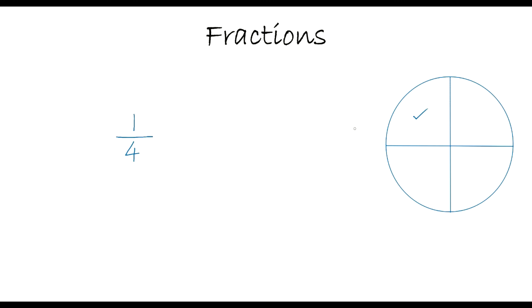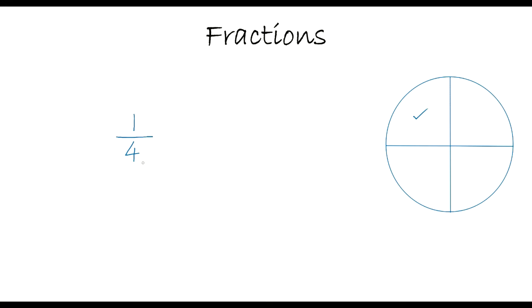So one whole thing is divided into 4 equal parts. Total number of parts is 4 here and you are taking one part of it. So 1 goes up and we read it as 1 on 4. So this number is called 1 on 4. We can say 1 out of 4.